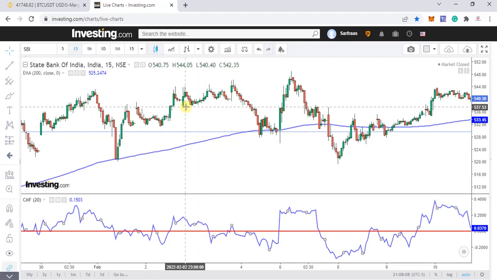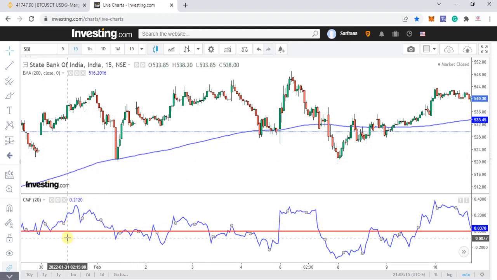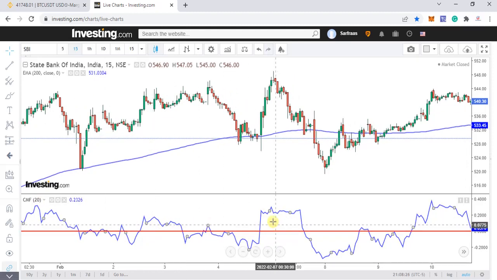So how do we use the Chaikin money flow indicator basically? You've seen here that we have two lines and the period we have selected is 20. How we typically use it is we have made two lines, a blue and a red.